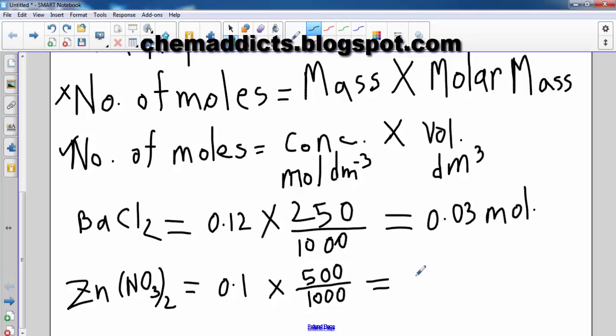So let me do the calculation. 0.1 multiplied by 500 divided by 1000 will give us the answer 0.05 mole.